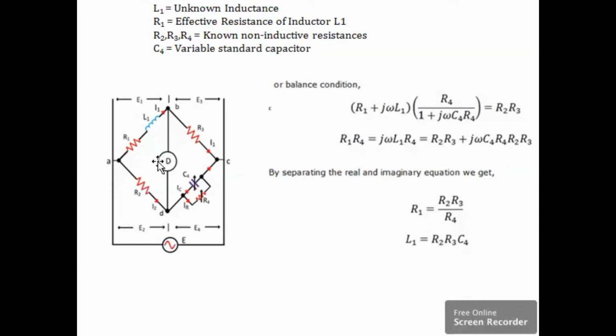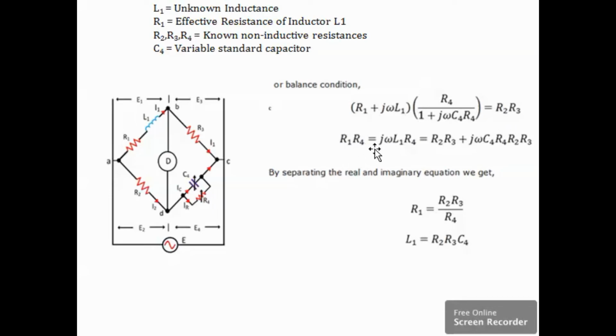In the balance expression, this is Z2 Z3. Z2 is the impedance of the second arm. Here you have only a single resistance R2. So Z2 is R2 and Z3 is R3. So this is equal to R2 R3.